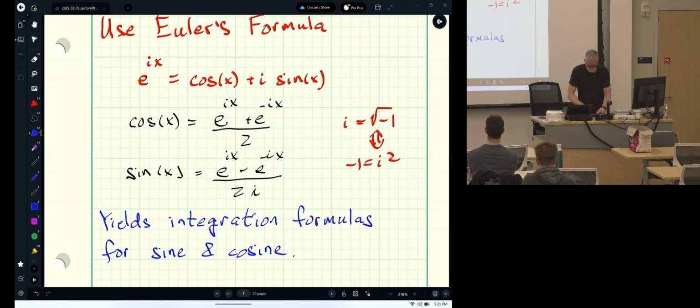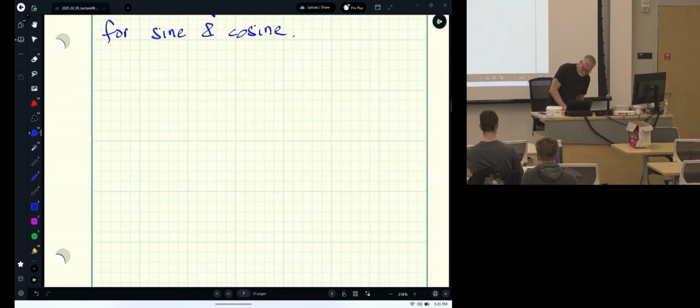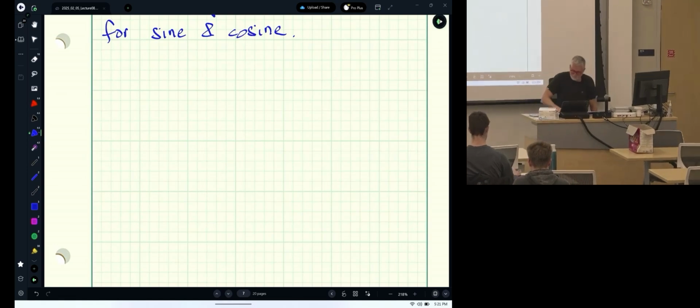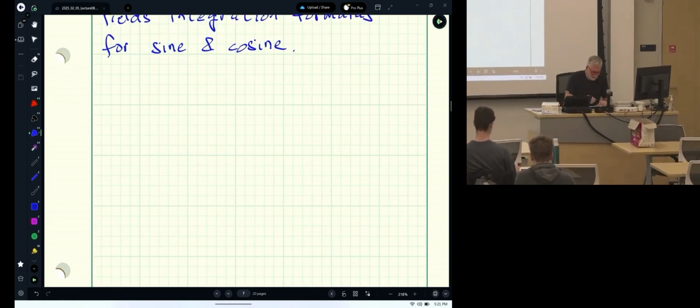Okay, so let's get to our last technical result. It's called the squeeze theorem or the sandwich theorem, so it's pretty cool.